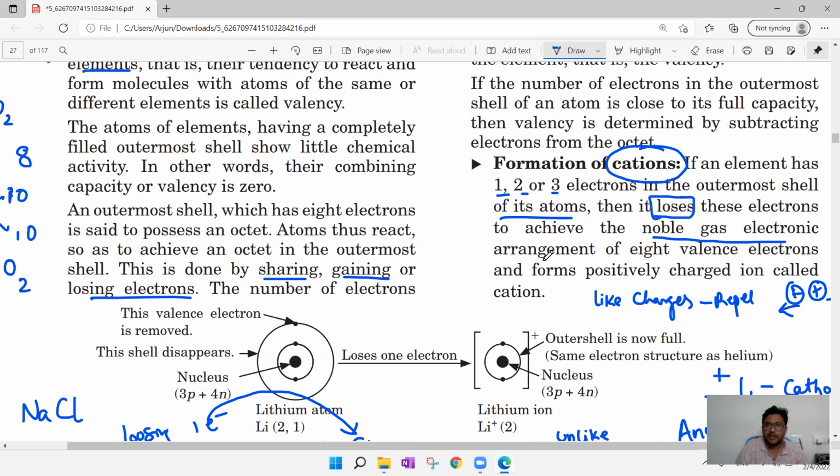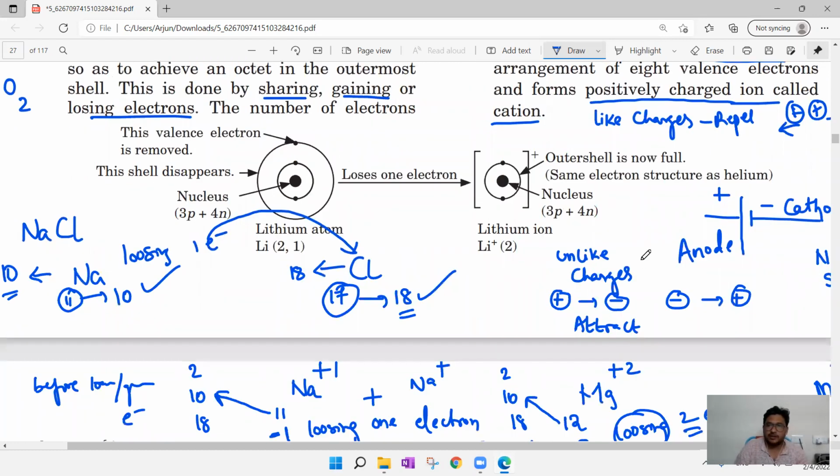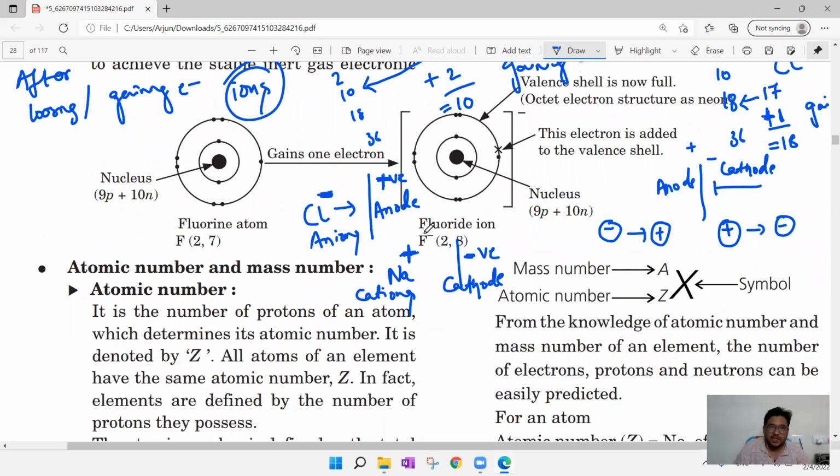Noble gas electronic configuration. So a positively charged ion is known as cation. Why? Because positively charged ions will move towards the negative terminal. Negative terminal is known as cathode, so positive ions are known as cations.